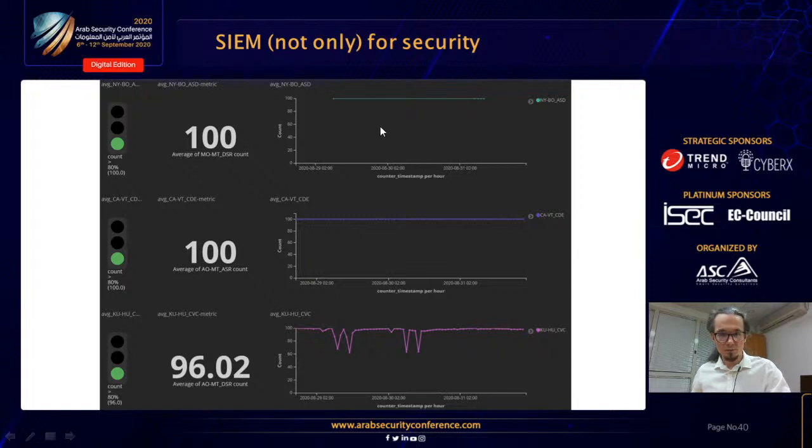All of those visualizations are based on one KPI. The same thing is below for the CA VT-CDA KPI, where we can see if the KPI is behaving properly, and at the bottom is exactly the same thing.